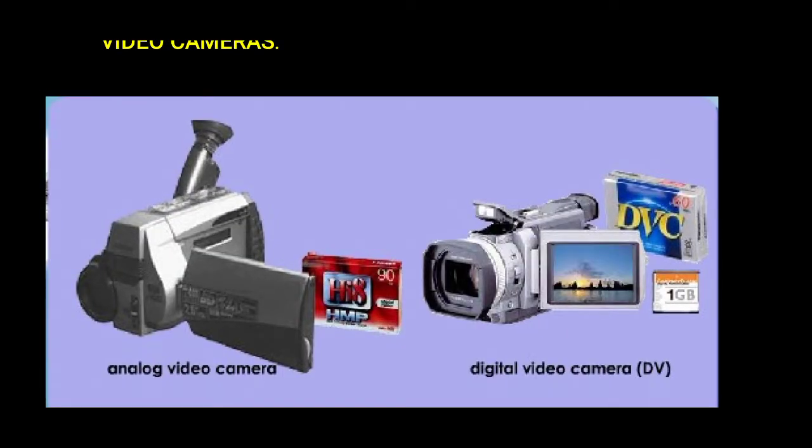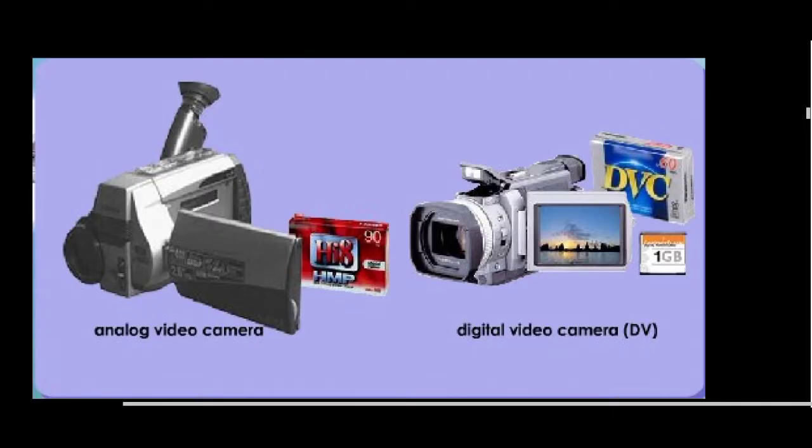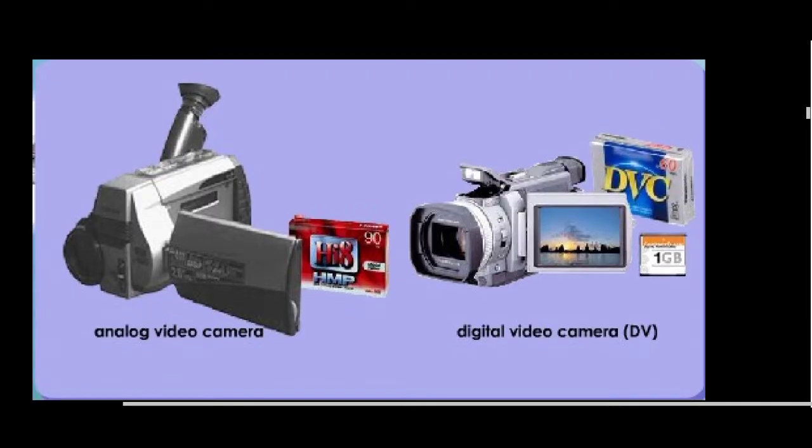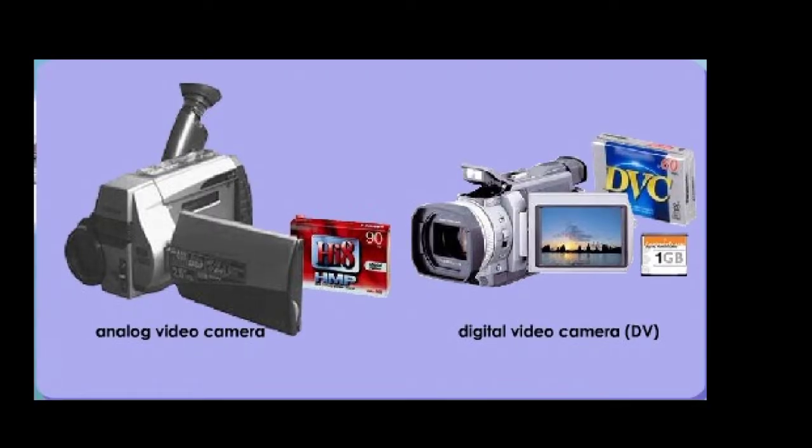Previously, analog cameras were used. In analog cameras, the video is stored in a small tape. Only a limited amount of data can be stored. It is not a rewritable one.